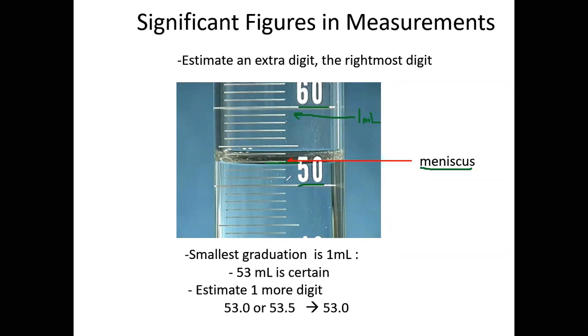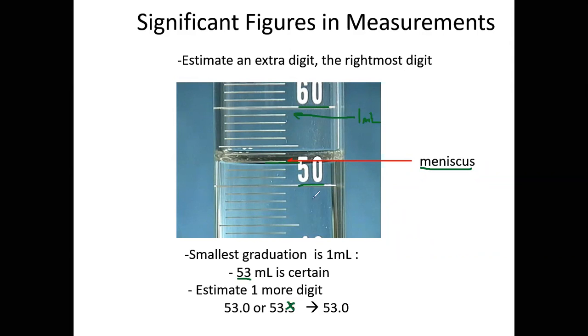And so from this, we know for certain that it is 53 milliliters. We know that for certain. Now, since it's very close to 53, you can put 53.0 or you can put 53.1, but I wouldn't put 53.5 because it's closer to the 53 than it is between the two.